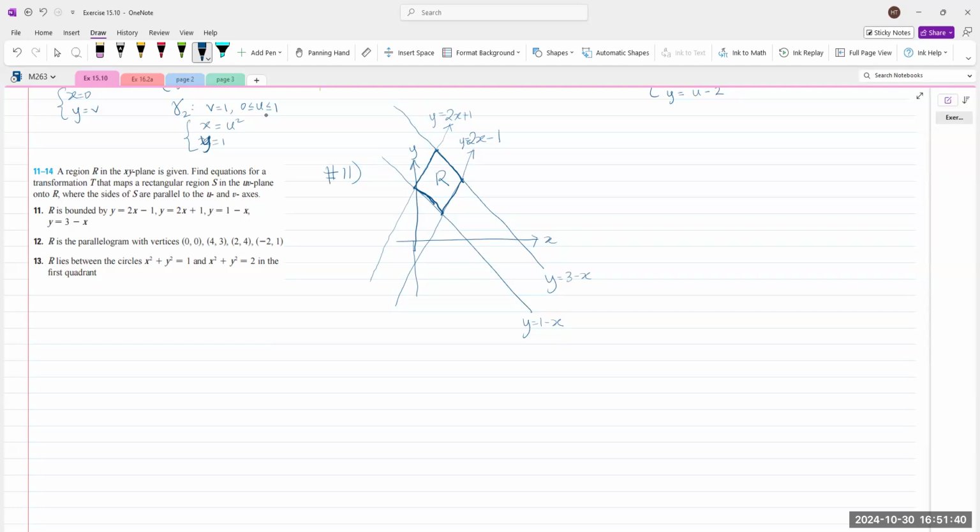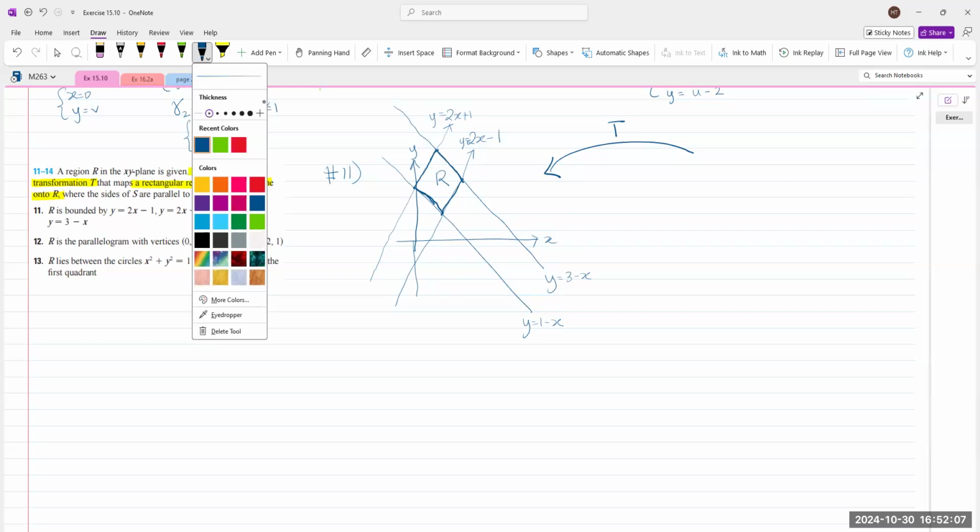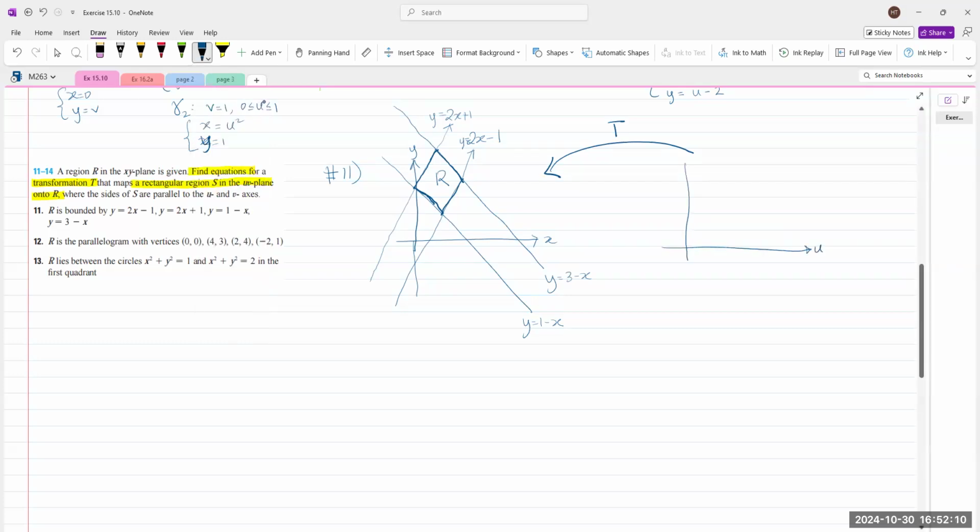Now here the question is to find the transformation equations of a transformation that maps a rectangular region S in the UV plane onto R. We want that to be a rectangle that maps to that ugly guy, which is kind of strange, huh?